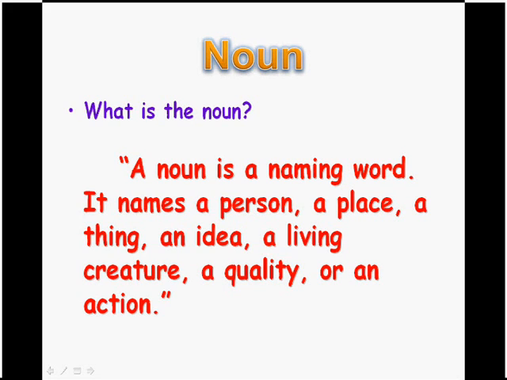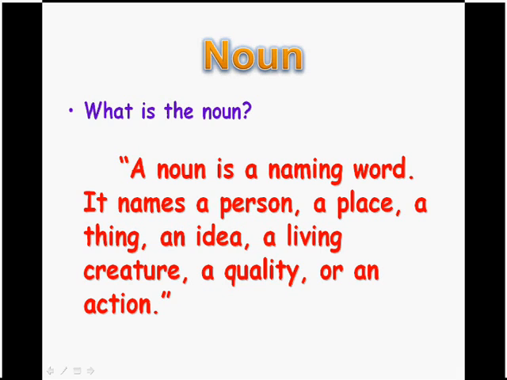So this is the definition of a noun. It is a naming word. It gives names to words, okay? So it names a person, like any name. It can be Huda, it can be Ali. A place, let's say the zoo, a class, a club. A thing, like car, tree.